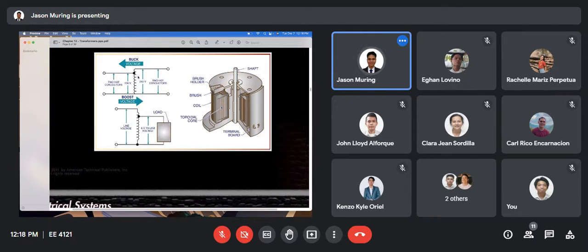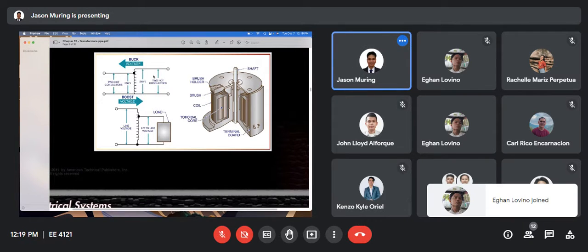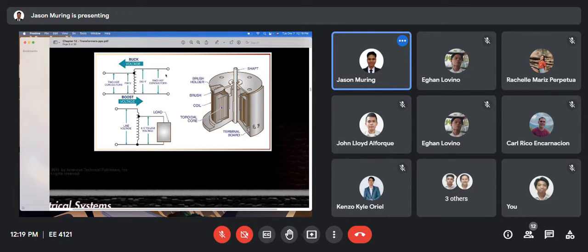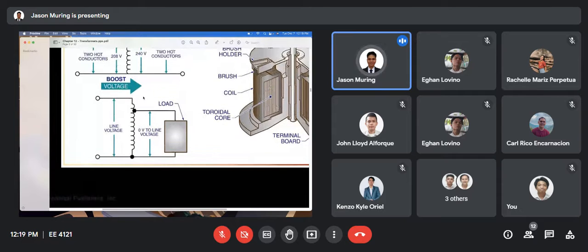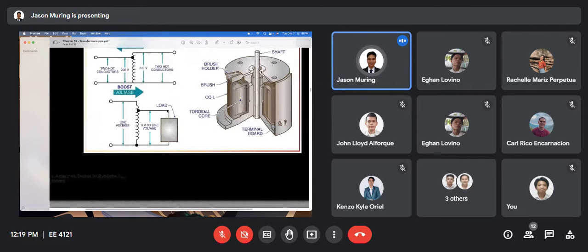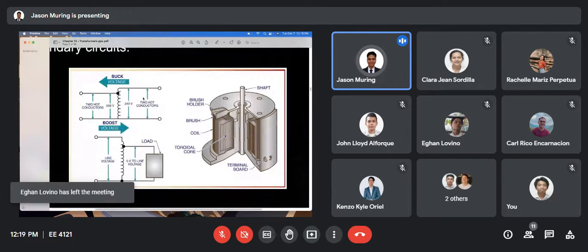For the buck configuration, the load side will have a higher voltage, but supposedly if we have a boost, the voltage should be higher and buck should be lower.